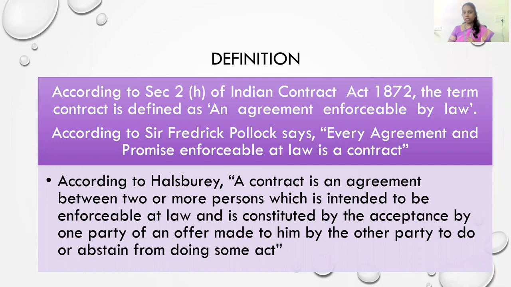The Indian Contract Act of 1872 defines the term contract as every agreement that is enforced by law. According to Sir Frederick Pollock, every agreement and promise enforceable at law is a contract. So, in simple terms, an agreement that is enforceable by law is a contract.